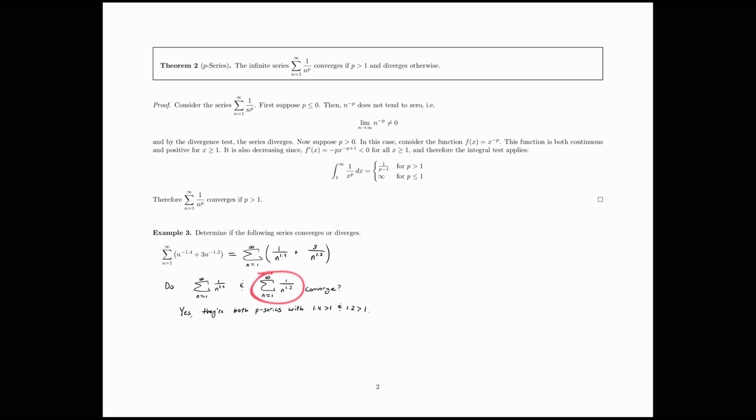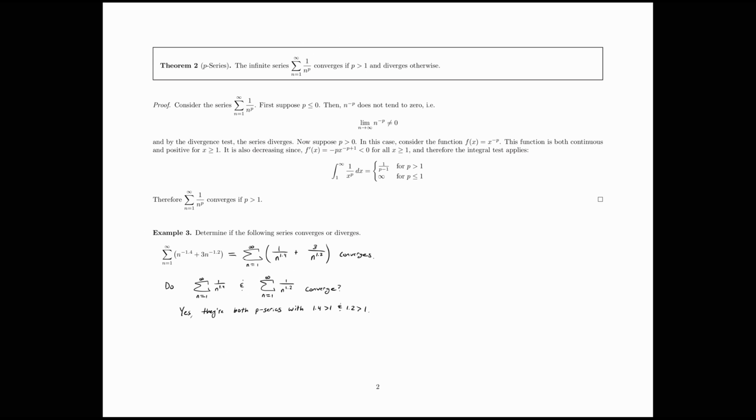Then that new series that converges added to this series will also give us a series that converges, which is exactly this series. So this series does converge since these two series converge.